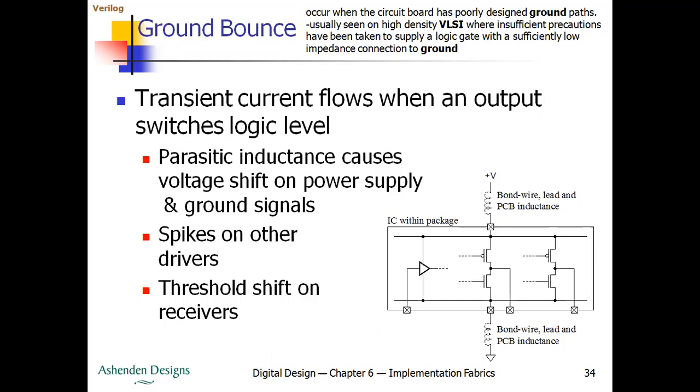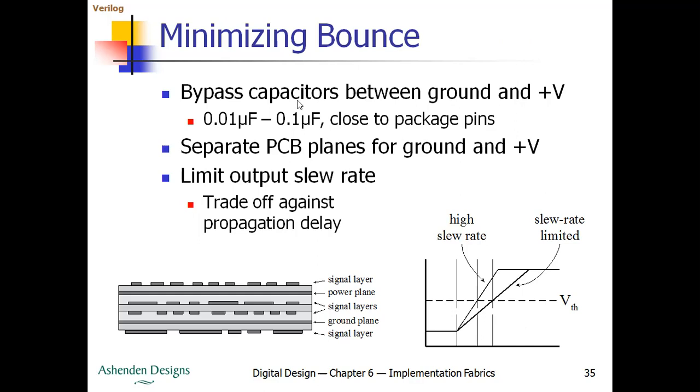So basically, we have seen the solutions to this ground bounce problem. I can use a bypass capacitor of value 0.01 microfarad to 0.1 microfarad between the ground lines and the plus VCC lines. Or I can use separate PCB planes as shown here, with one separate plane for the power line and one for the ground line.